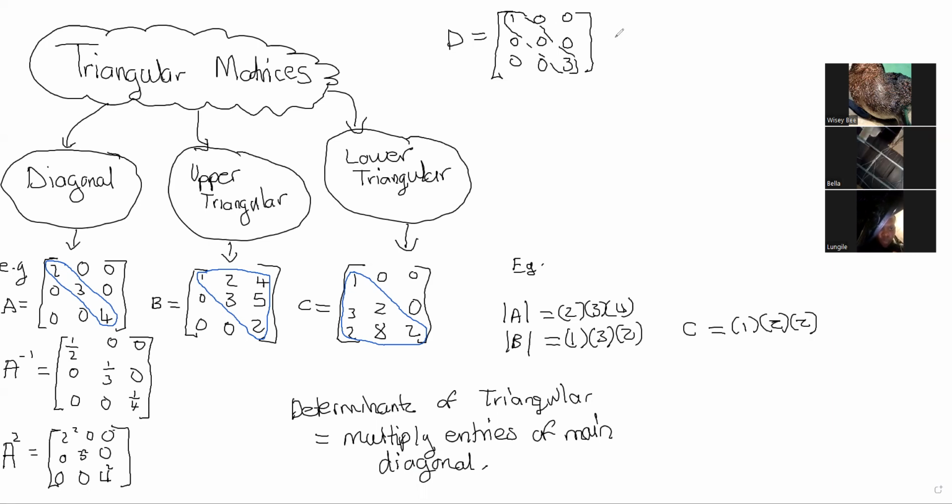When it comes to diagonal matrices, if the matrix is like this, you cannot find the inverse of D. It's not possible. The reason is because, remember, with the diagonal matrix, you have to invert the diagonal entries like we did here. We said it was 1/2, and then 1/3, which is the inverse of 3, and then 1/4.